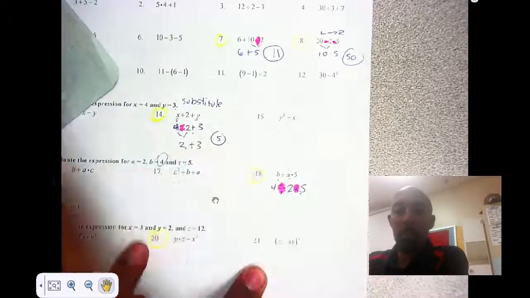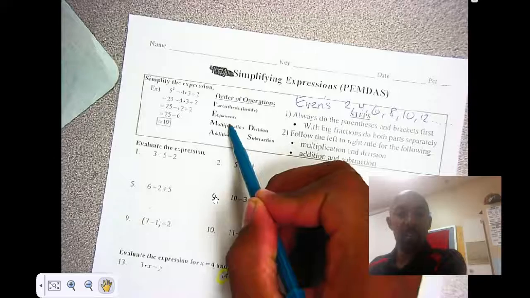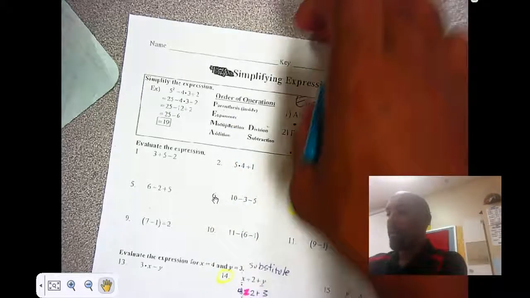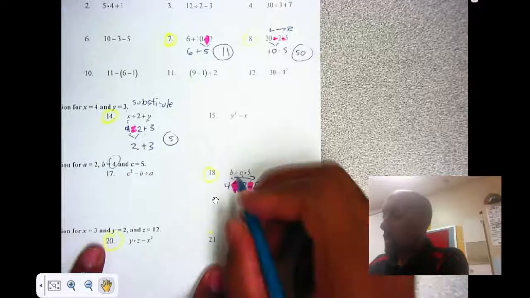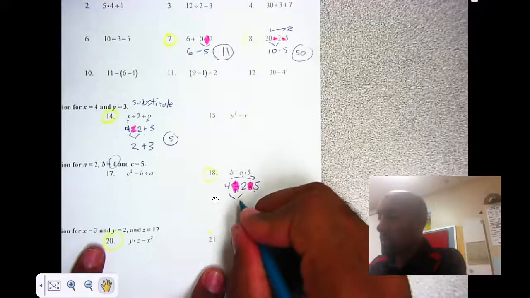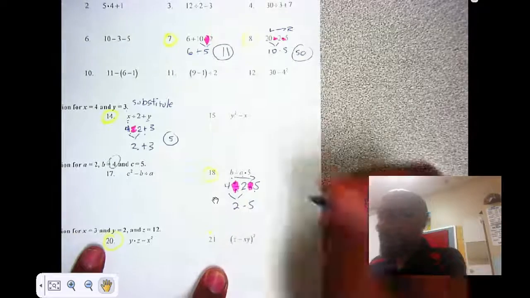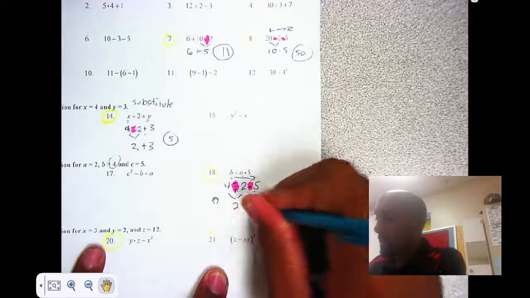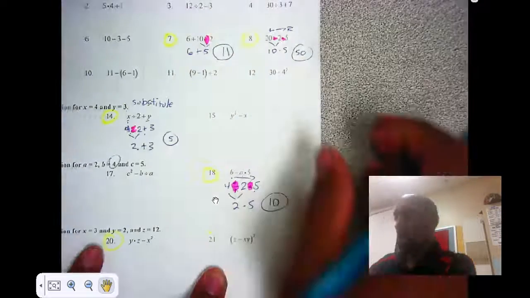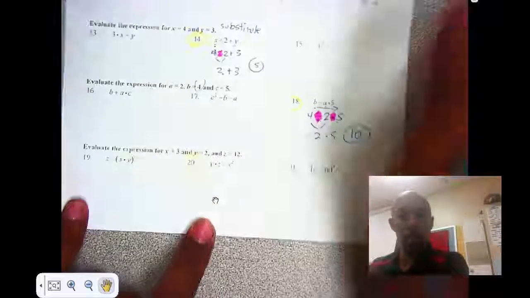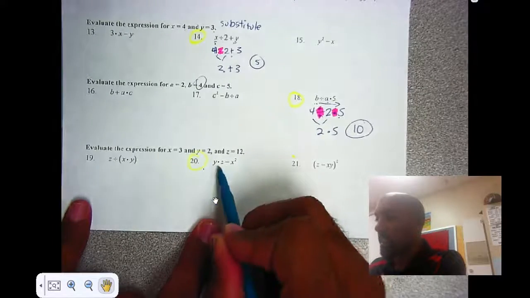Just because M comes first in PEMDAS doesn't mean M is first. If it's M and D, we go from left to right. 4 divided by 2 is 2. Multiply by 5. 2 times 5 is 10.